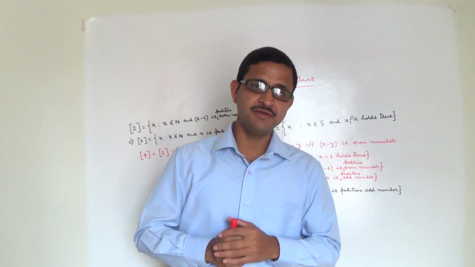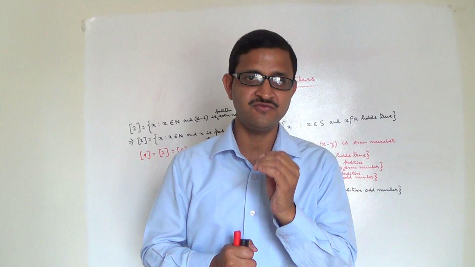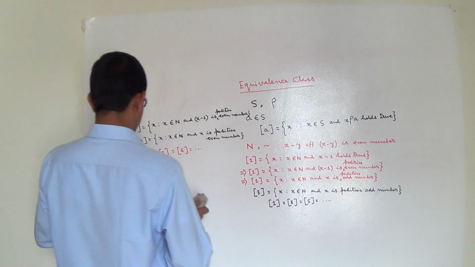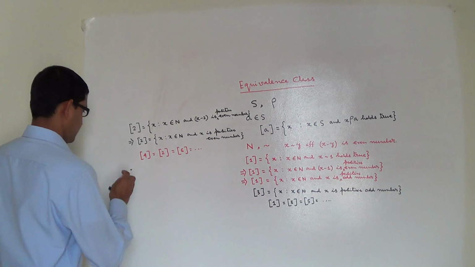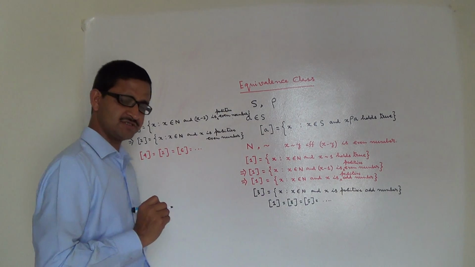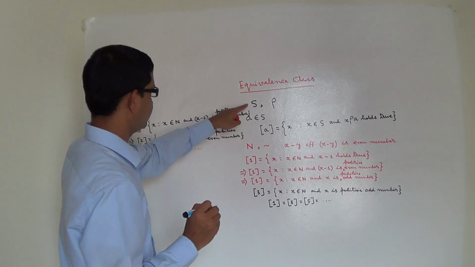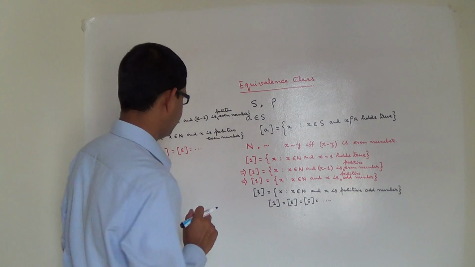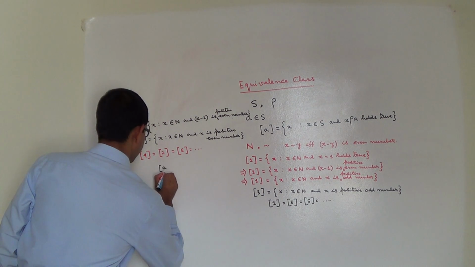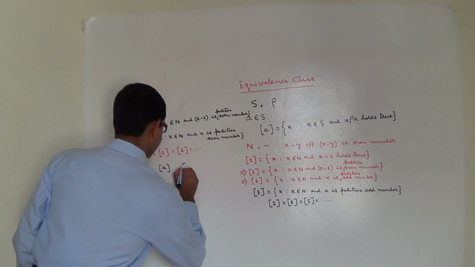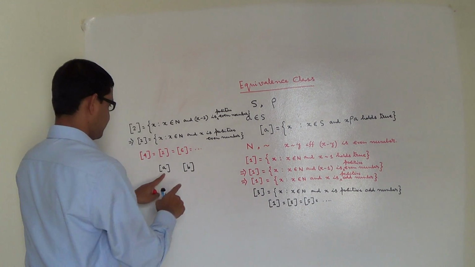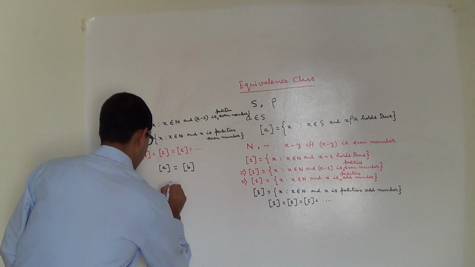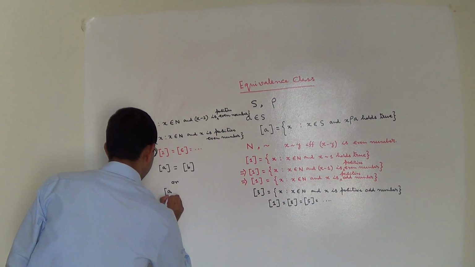Okay, and here come a few very important properties. What are those properties? Well, let's see. Suppose S is a set and rho is an equivalence relation defined on S. Then the equivalence class of A and the equivalence class of B, for two elements A and B of the set S, should be either equal or disjoint.